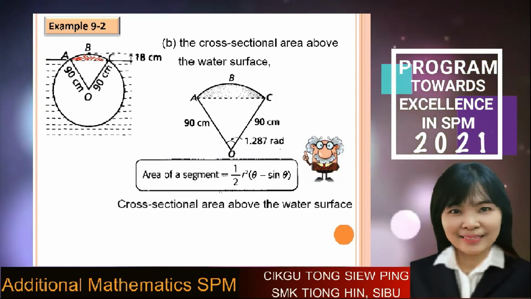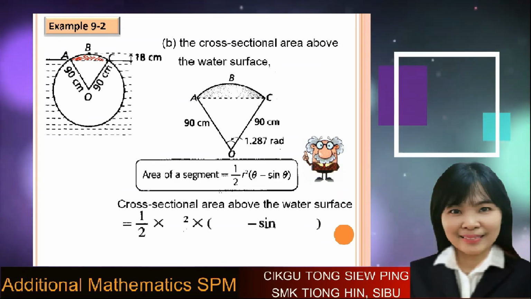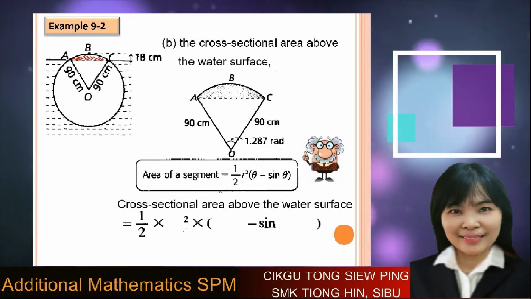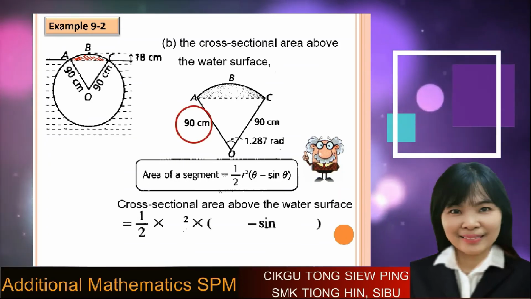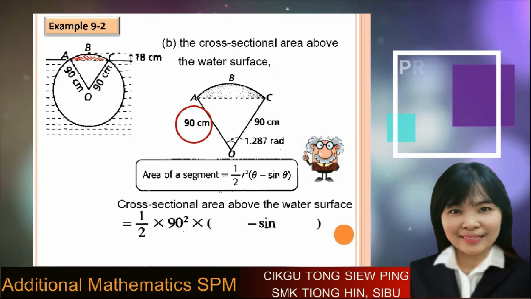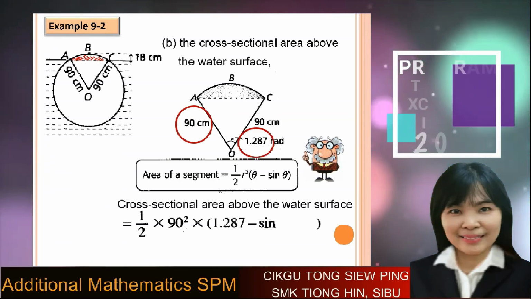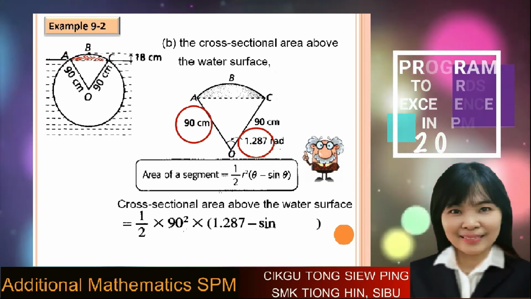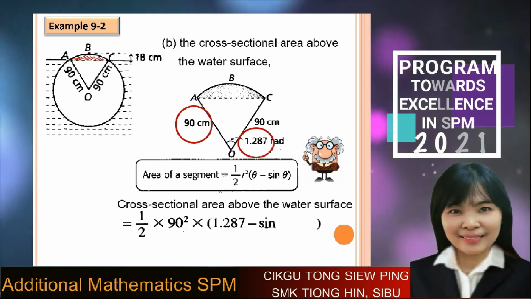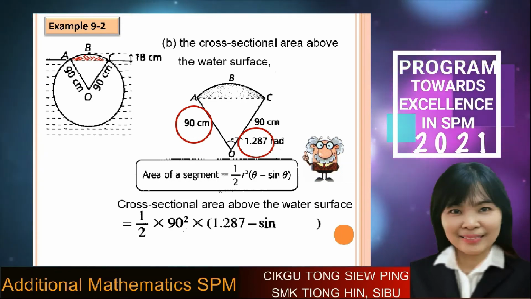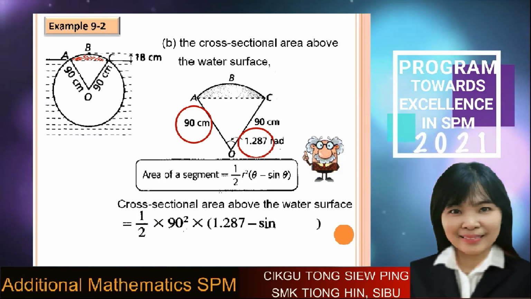Cross-sectional area above the water surface is equal to 1/2 multiplied by the radius, that is 90 squared, and the theta 1.287 radian, and the sine theta. Again here, the sine theta must be in units of degrees.